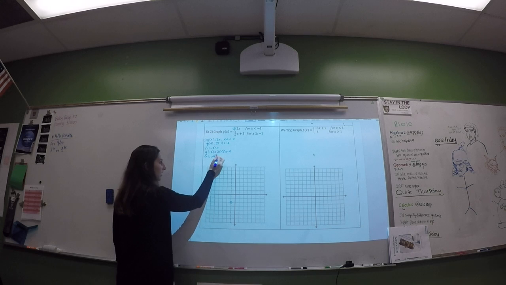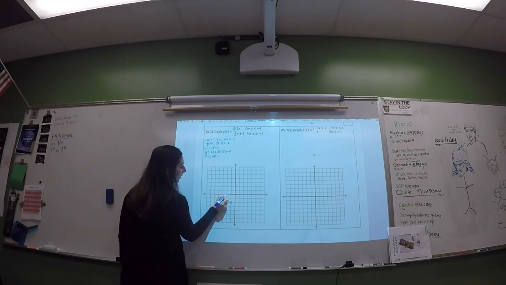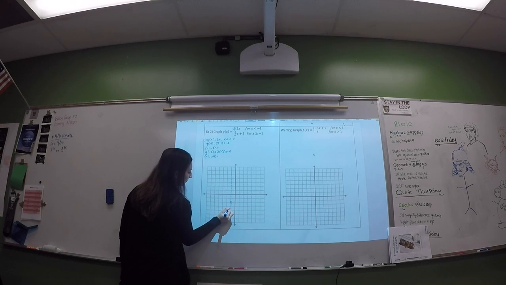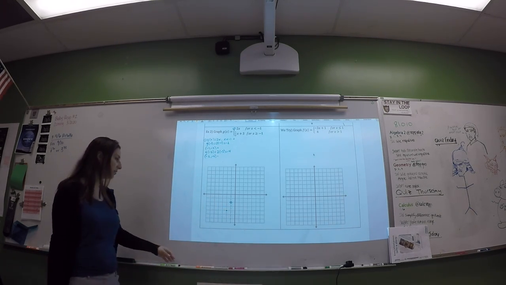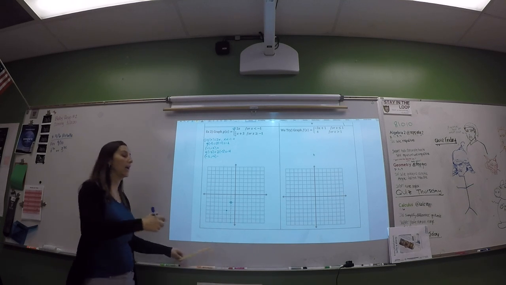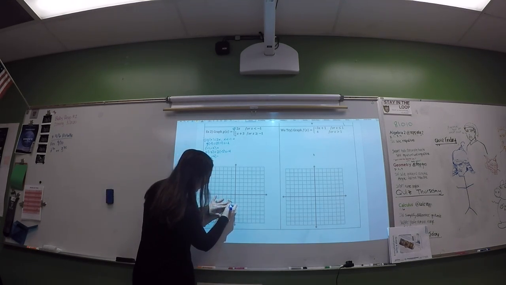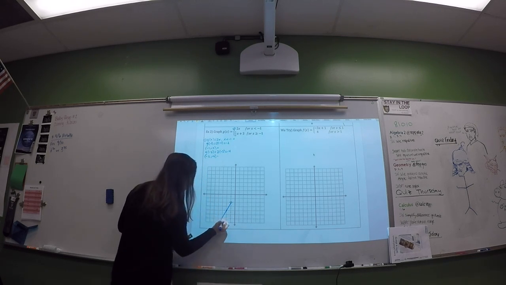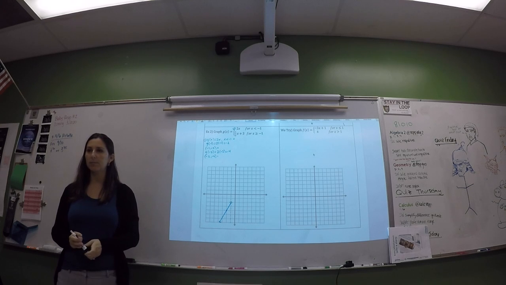So this is just going to be a regular point. So -2, -4. And the rest of this is going to be a ray pointing down and to the left, because all the values less than -1 are included in this piece of the piecewise function.